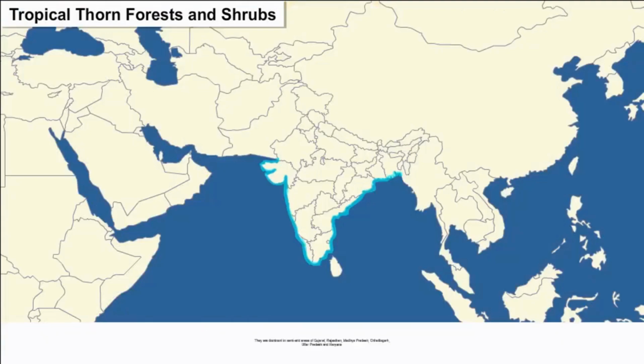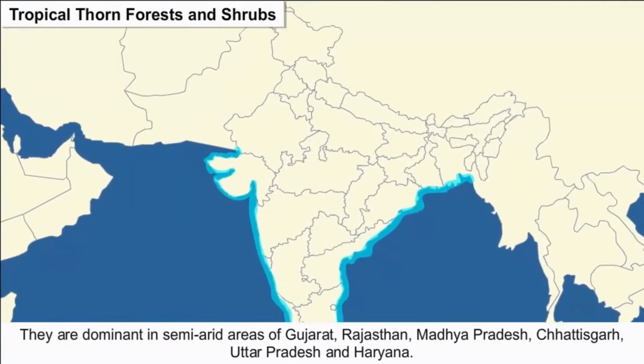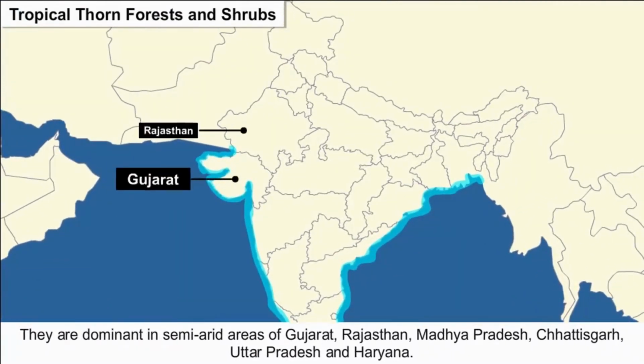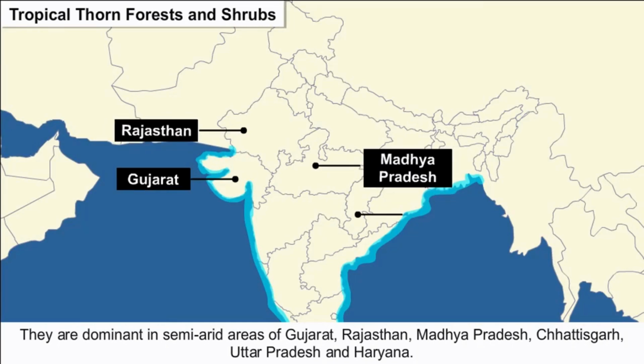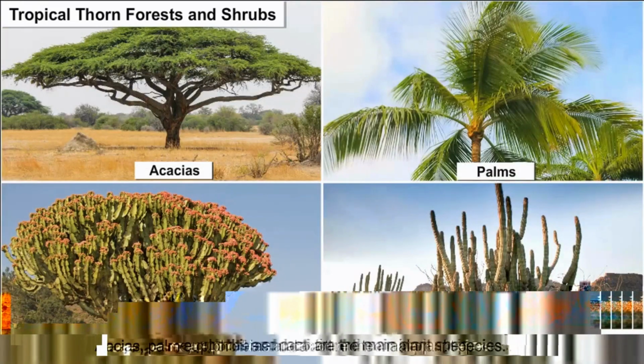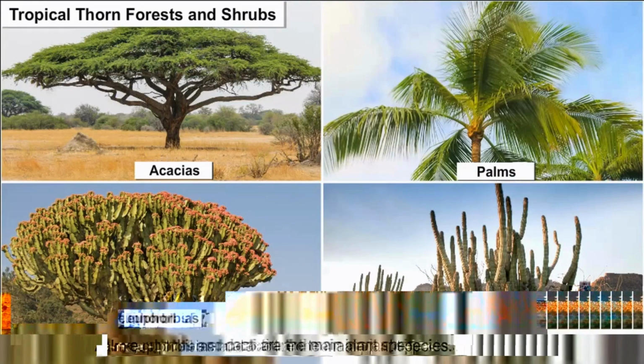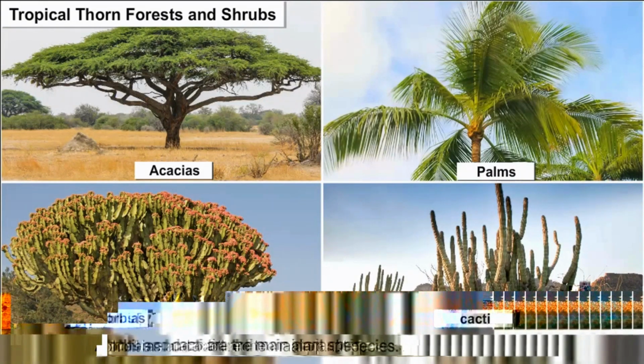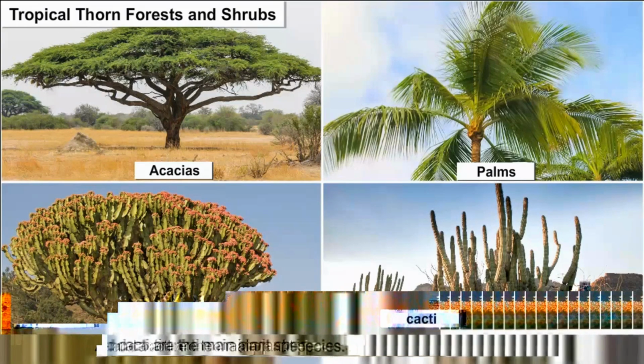They are dominant in semi-arid areas of Gujarat, Rajasthan, Madhya Pradesh, Chhattisgarh, Uttar Pradesh and Haryana. Acacias, palms, euphorbias and cacti are the main plant species. Wildlife.